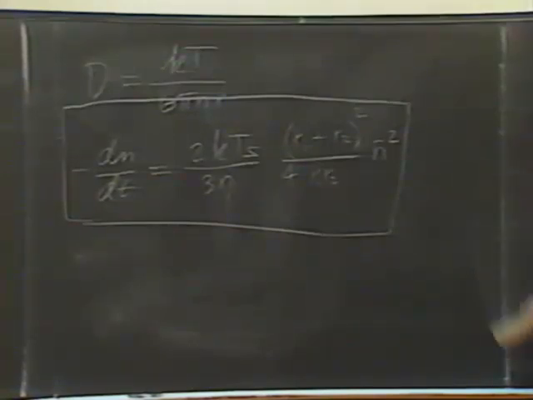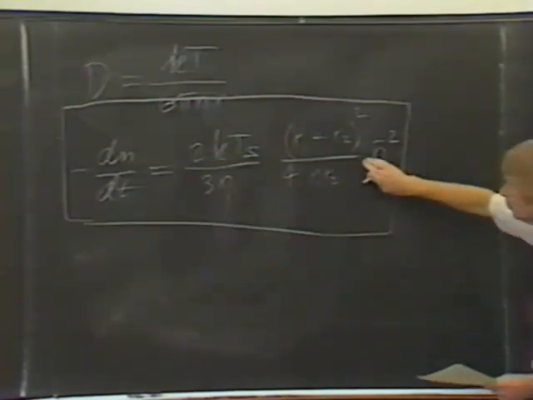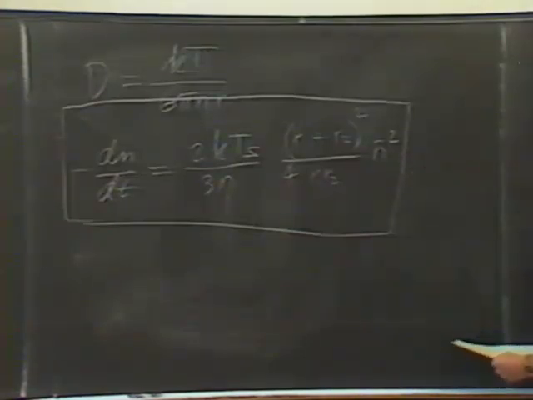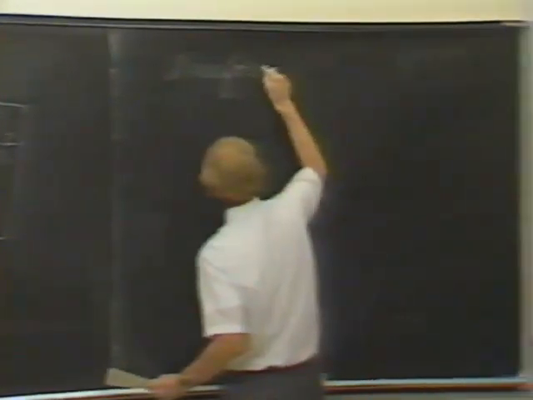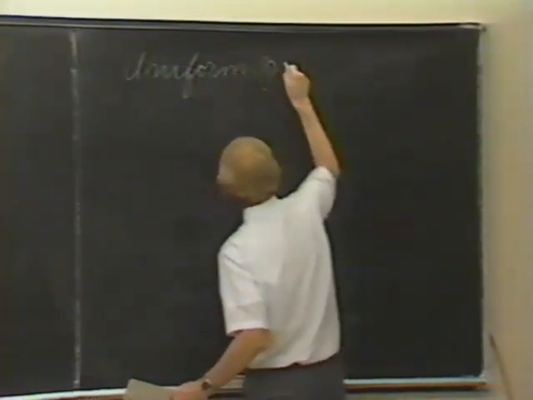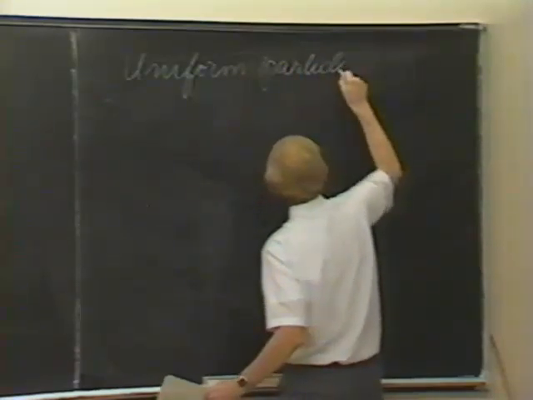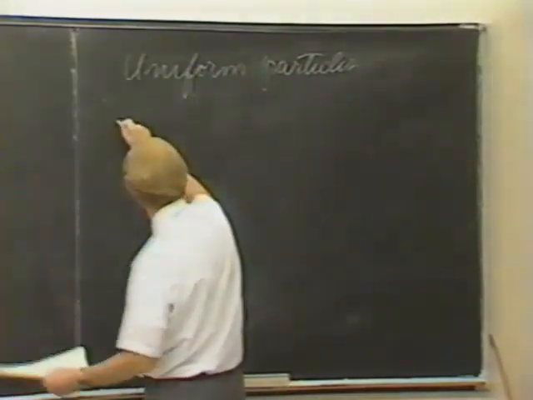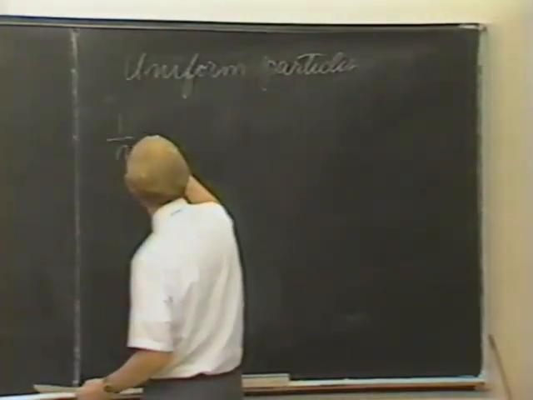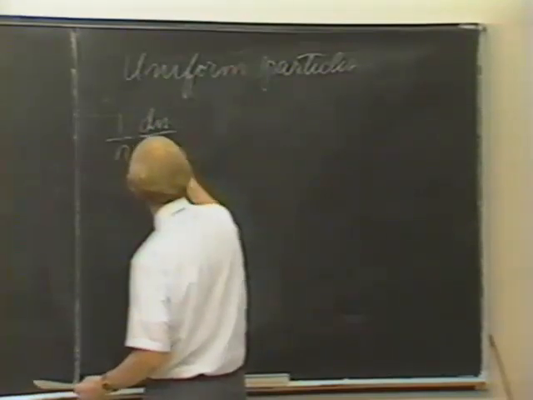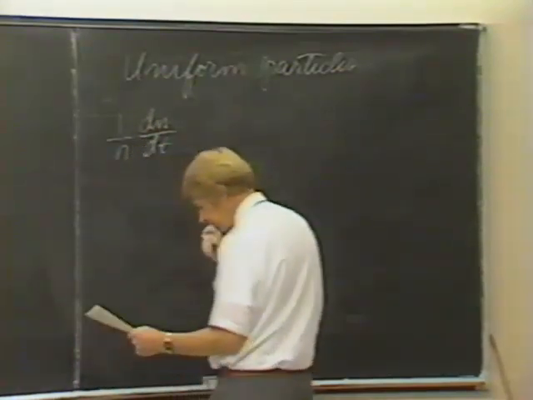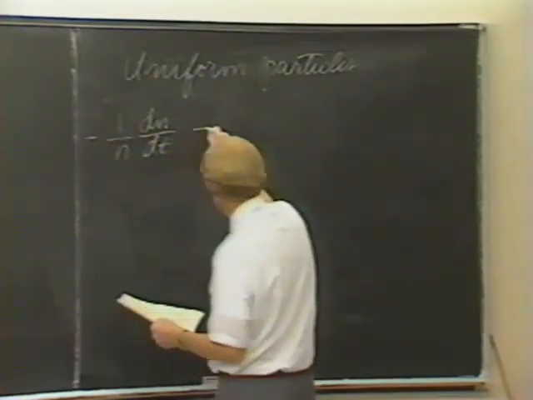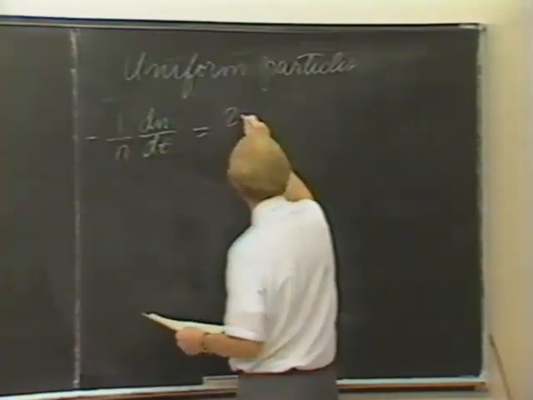Let's consider uniform particles for now, and we can rearrange our relationship over there. 1 over n dN/dt, I'll put the minus on this side, is equal to 2kT S over 3 eta times n.